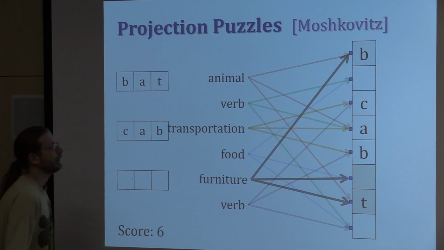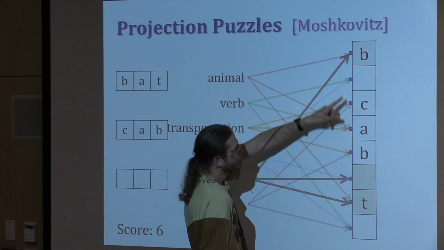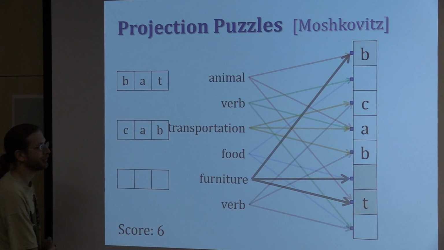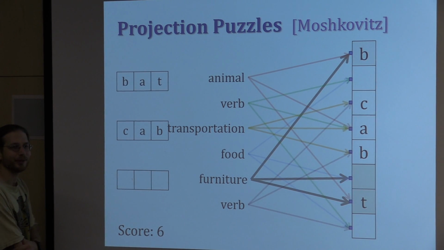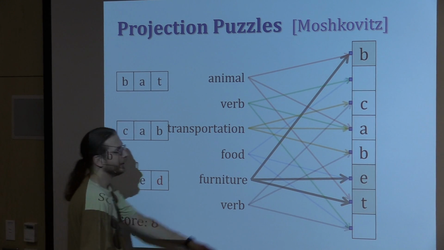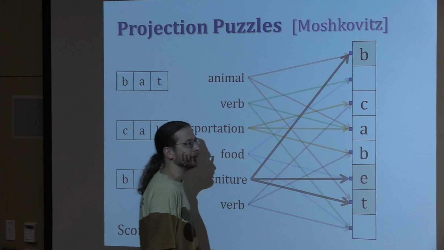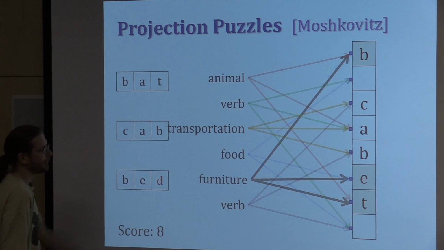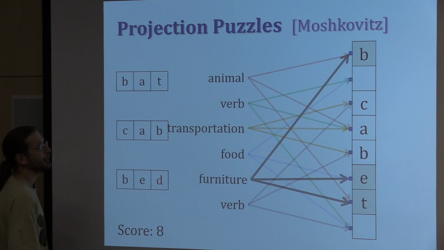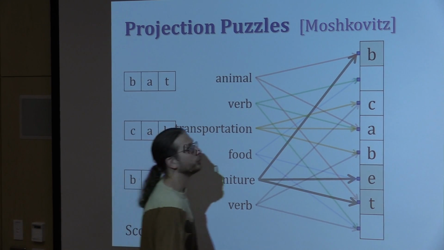Furniture, we have B, blank, and T left. This is going to be a little harder. I don't know of any furniture that starts with B and ends with T and is 3 letters long. But if you, for example, write an E here, that's pretty close to the word bed, which is furniture. So in general, of course, each of these words corresponds to a set of English words. That's going to be the groups on the left.